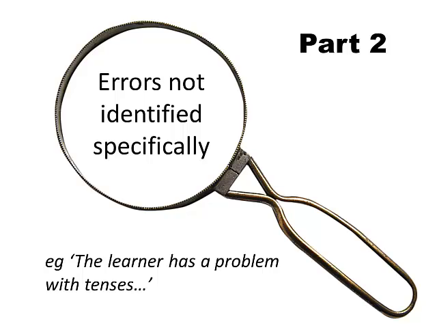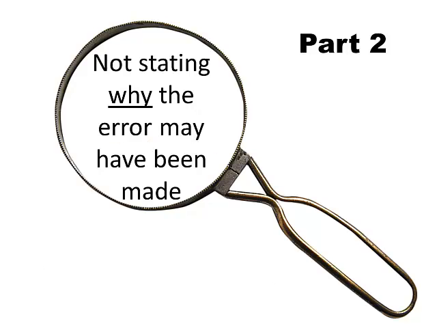So take examples from the recording, from your written material. What have they had a problem with? You also need to state why you think the error may have been made. Now again, you can never know this for sure, but you can have an educated guess about whether it's, for example, L1 interference because that structure doesn't exist in their language, perhaps.